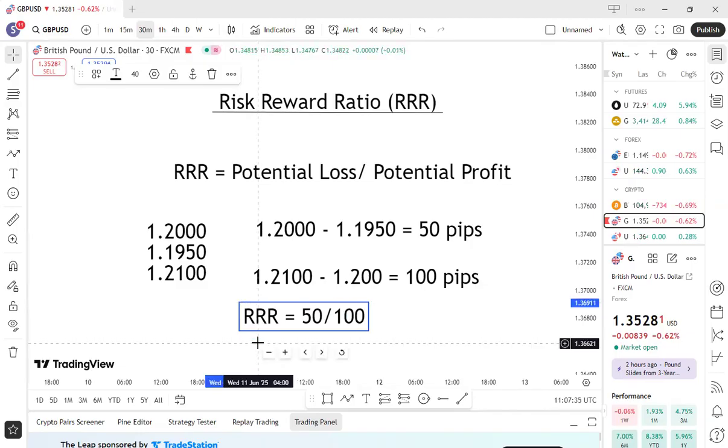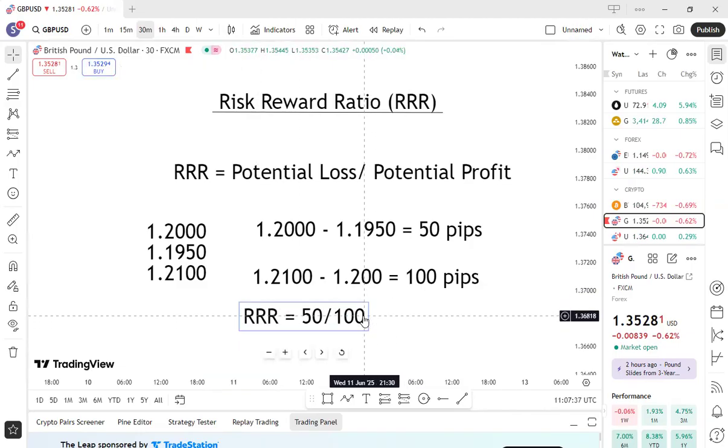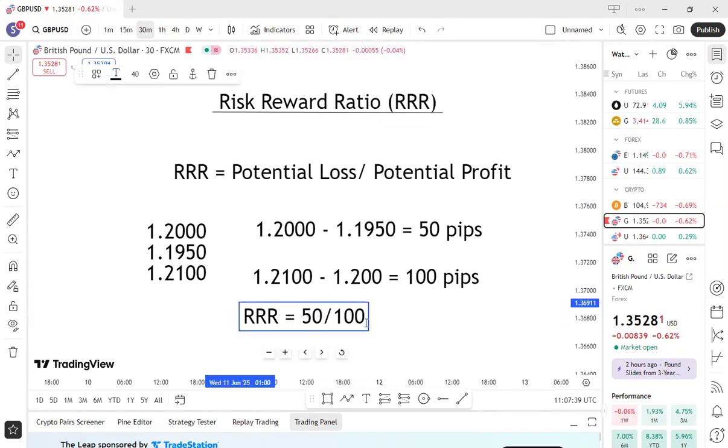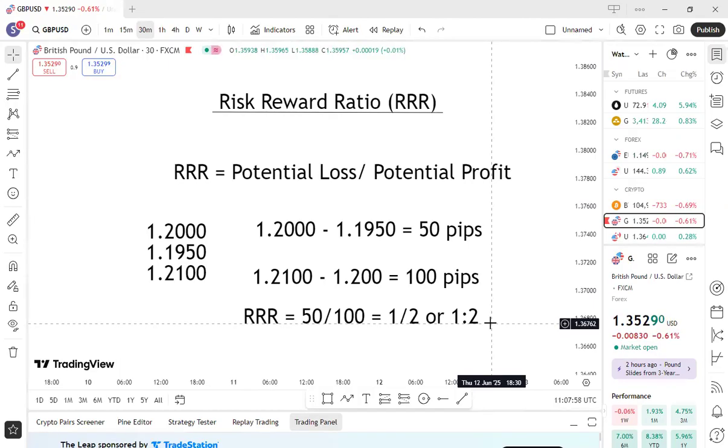So this is the ratio that we're having here, which is equals to 1 to 2. So now we have gotten our 1 to 2 ratio.